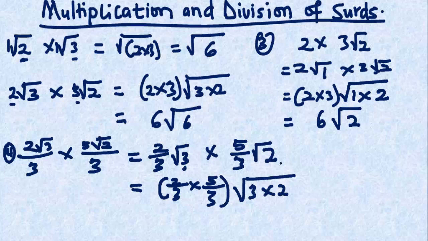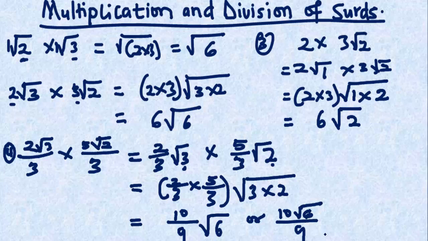Simplifying them, we have 2 times 5 is 10, 3 times 3 is 9, and root 3 times 2 gives us root 6. So this can be written as 10 root 6 all over 9.